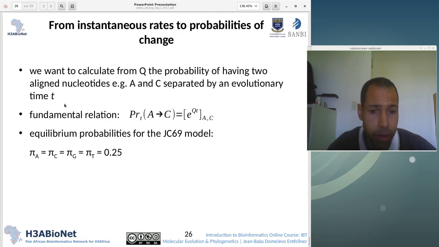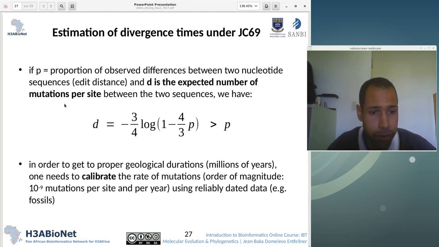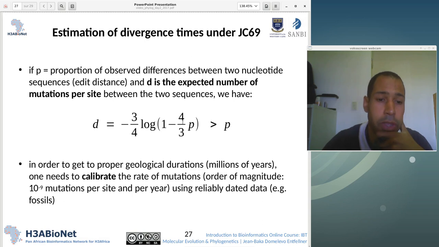So now, thanks to our model, we can calculate things a bit more accurately. I don't ask you to establish this formula, but we find that if p is the proportion of observed differences between 2 nucleotide sequences, our good old edit distance that was in our case equal to 0.3, the expected number of mutations per site, according to the Jukes and Cantor model, is this d.